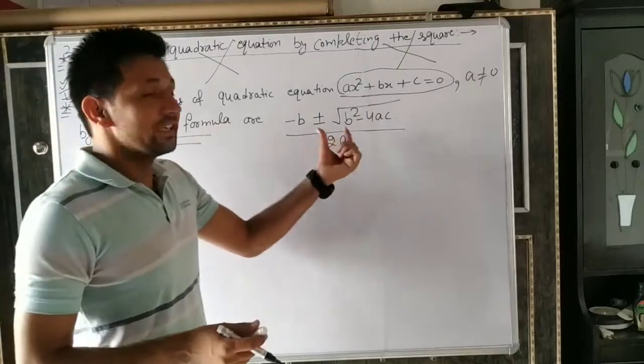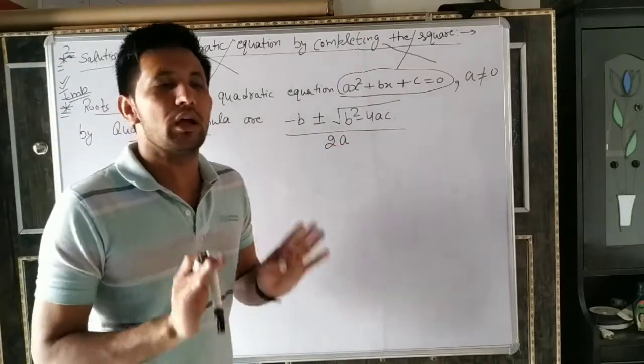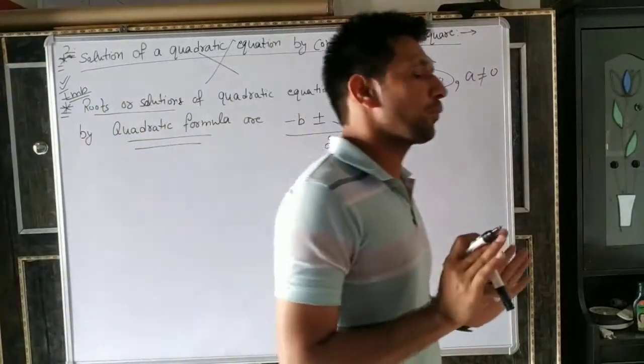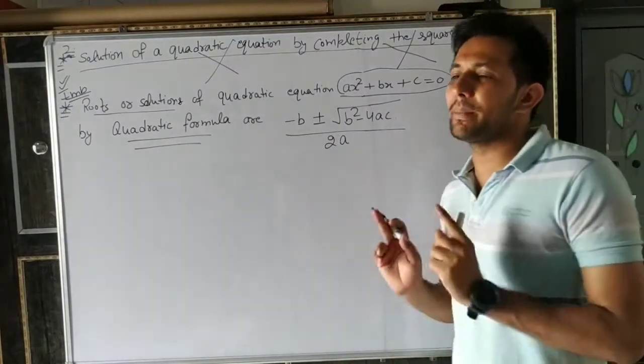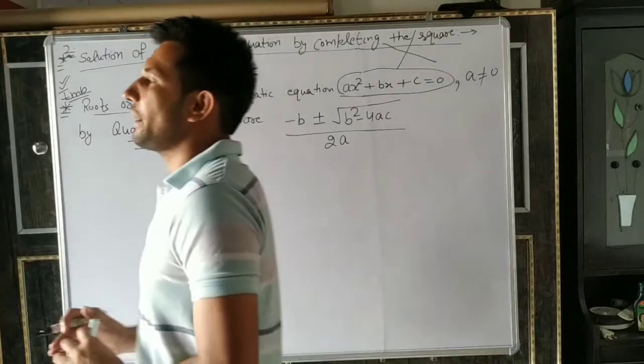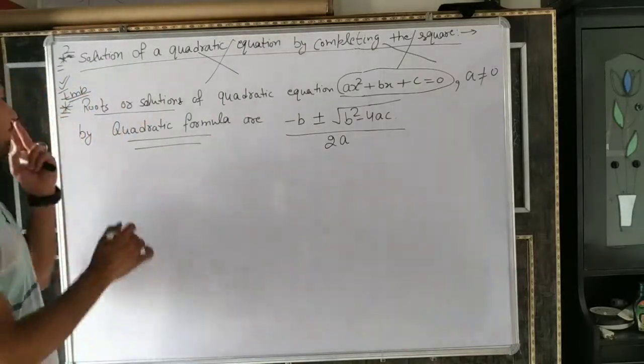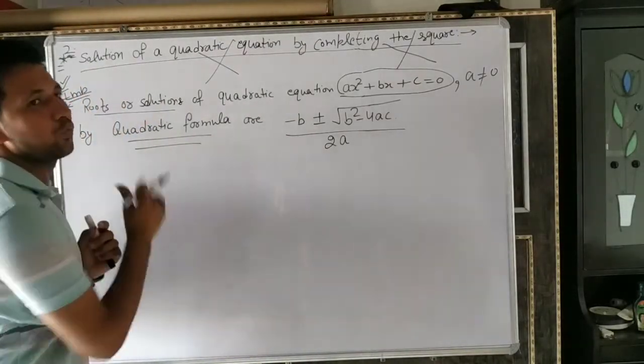If you know this formula, you can solve exercise 4.3 easily, dear. Understand? Only one method you have to remember. What we call it? Quadratic formula.